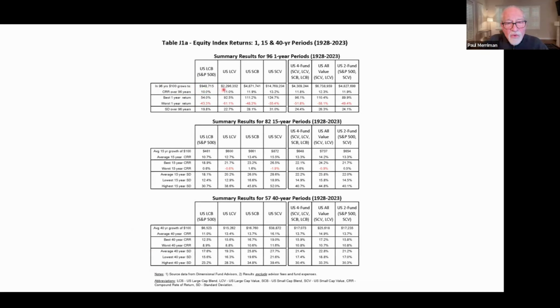Large cap value that compounded at 11 turned that into 2.3 million. Small cap blend, small companies, some growth, some value, 11.9. That turned that $100 into almost 4.9 million. And finally, small cap value at 13.2% grew to almost $15 million.